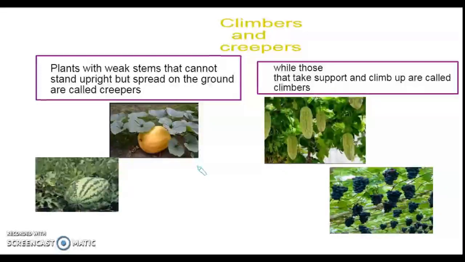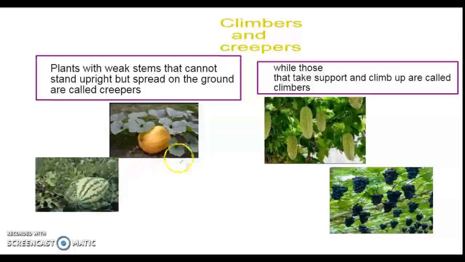Such plants are known as climbers or creepers. So plants like this have a really weak stem. They cannot stand upright because their stem is really weak.